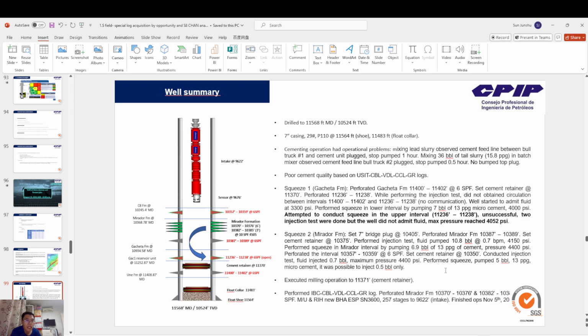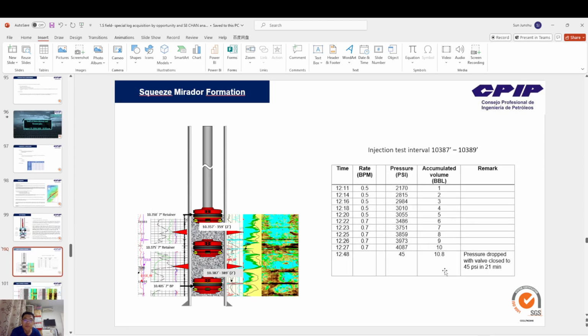Finished operation on November 5th, 2018. This is the injection test interval. Pressure dropped with valves closed to 45 psi in 21 minutes. Totally squeezed 10.8 barrels.